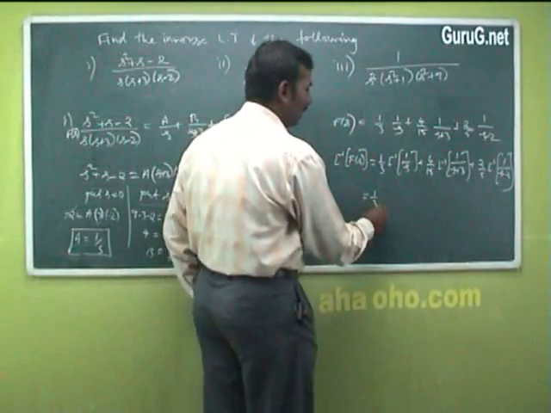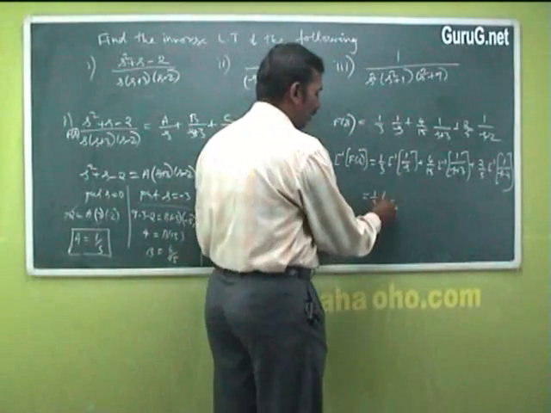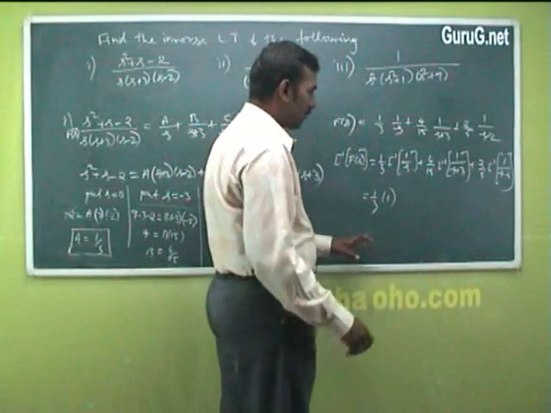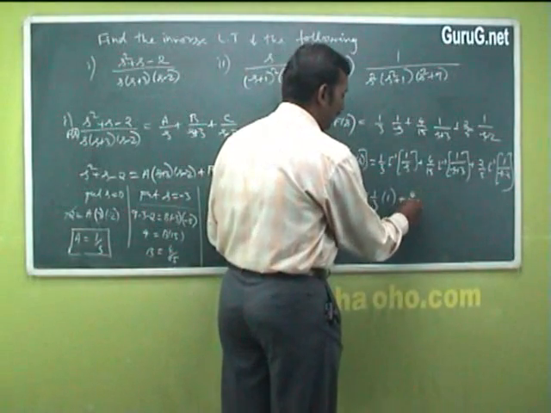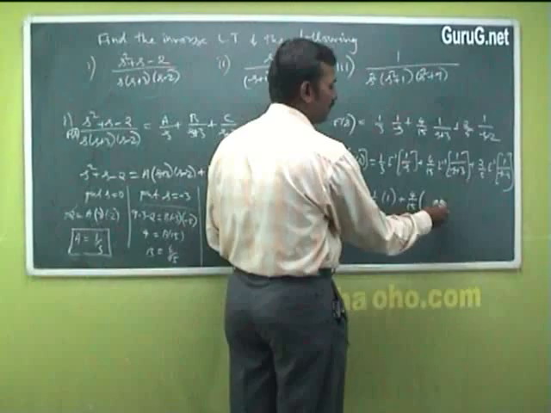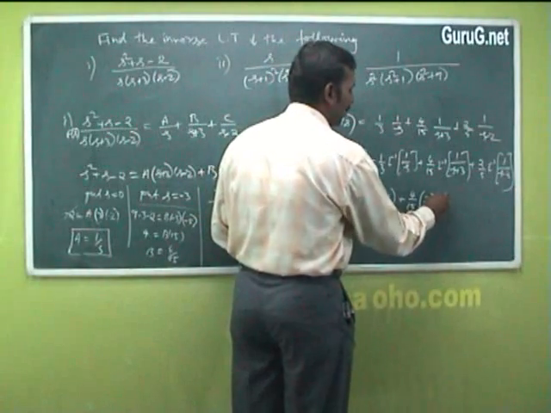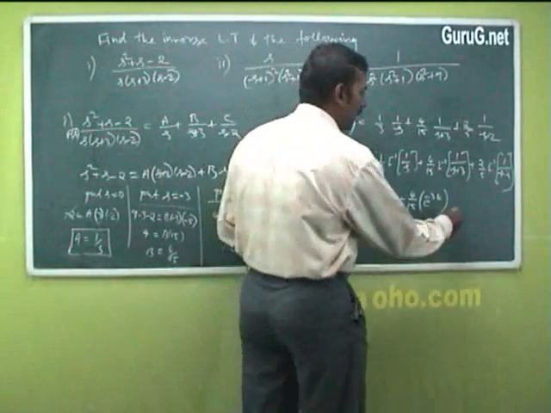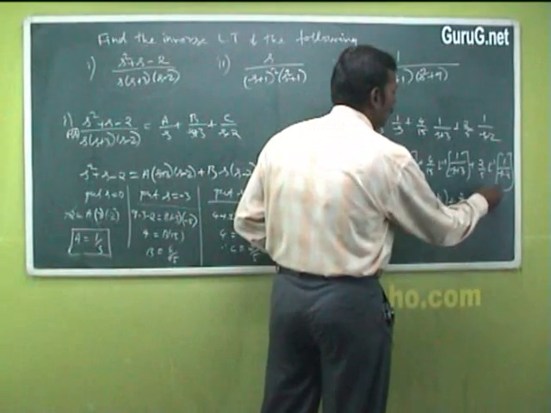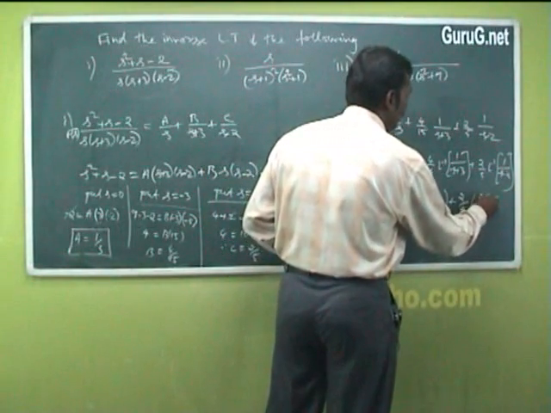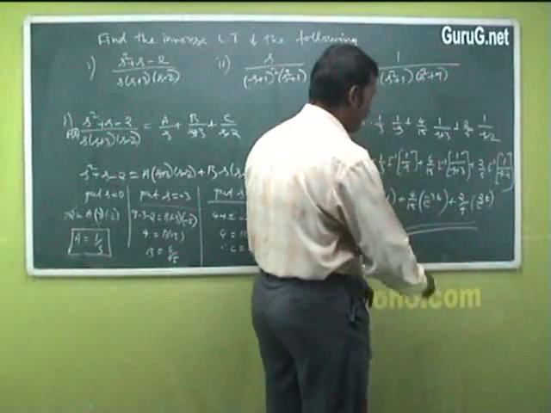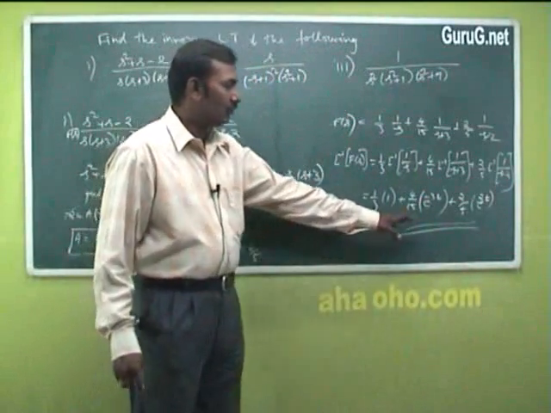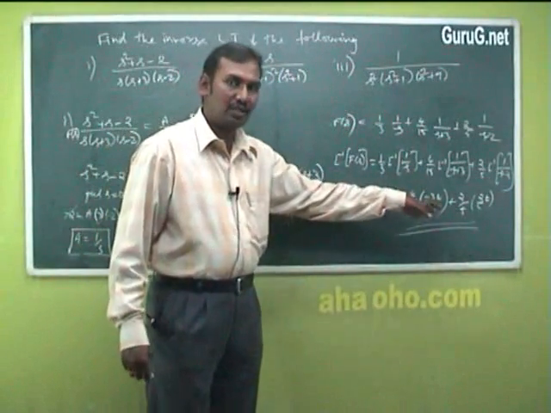Now 1 by 3 into L inverse of 1 by s is what, 1, isn't it? I showed it in the table earlier. Plus 4 by 15 L inverse of 1 by s plus 3 is e power minus 3t, plus 2 by 5 1 by s minus 2 is e power 2t, which is a function of t. The required answer must come as a function of t, right?